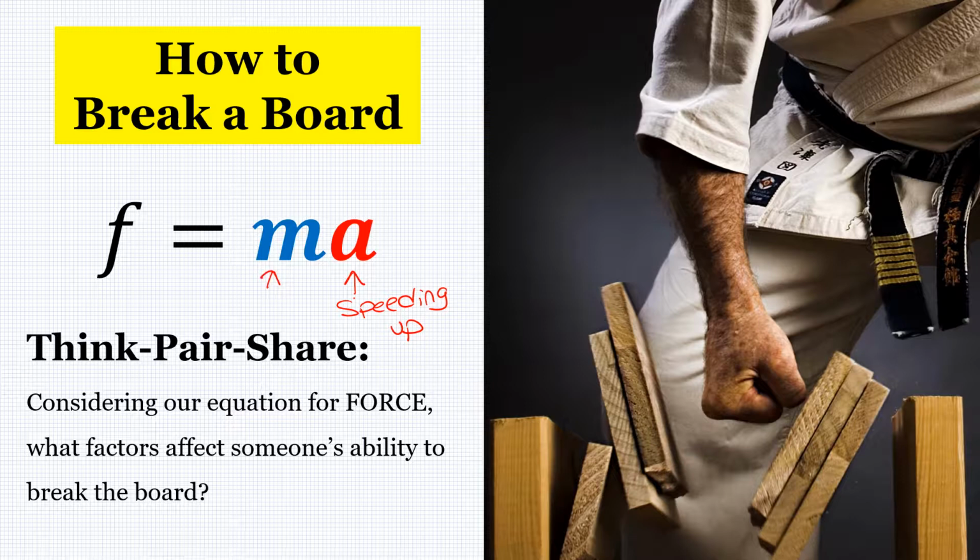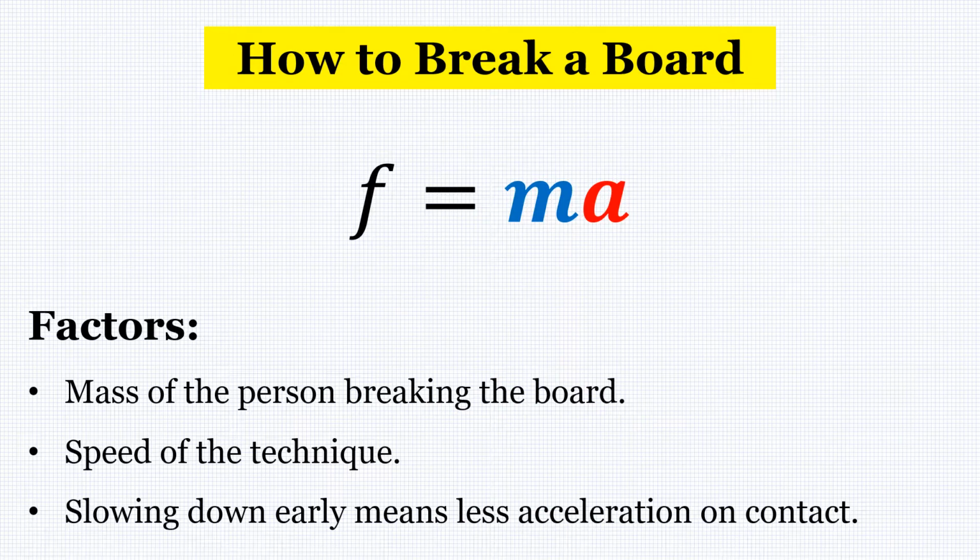And also when we deal with mass, the more mass you're throwing at the board, the better. So obviously a bigger person would have an easier time breaking the board than a smaller person. So like I just said, these are the factors that really affect how to break a board.